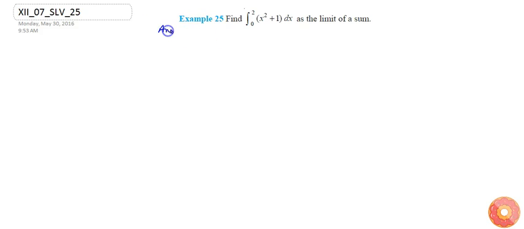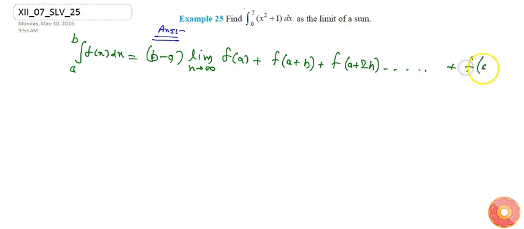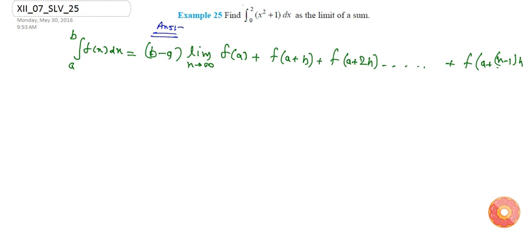From the definition of integration as the limit of a sum, I can write the integral from a to b of f(x) dx equals (b minus a) times the limit as n tends to infinity of [f(a) plus f(a plus h) plus f(a plus 2h) up to f(a plus (n minus 1)h)] divided by n.